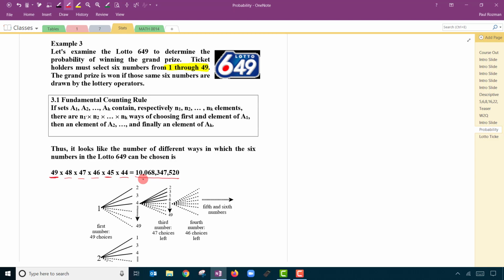But that seems kind of big. I think we're on the right track to figuring out how many different ways there are to draw 6 numbers out of 49. But I don't think this is our answer, because I don't think anyone would ever win the lottery if there were 10 billion choices. Think about Canada.